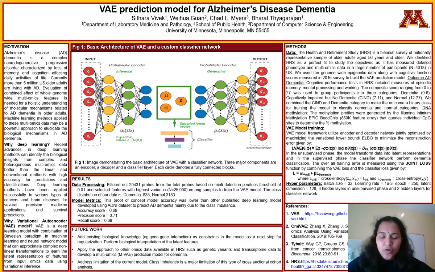This proof of concept model's accuracy is 0.69, with a precision score of 0.71 and a recall score of 0.69, which is comparatively lower than the published deep learning model developed using the ADNI dataset to predict dementia. The major reason, I think, is the class imbalance observed in our data set.